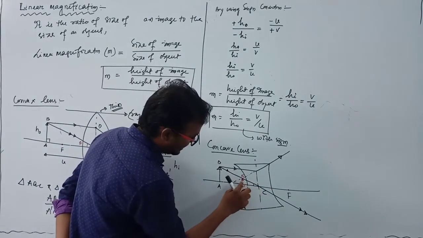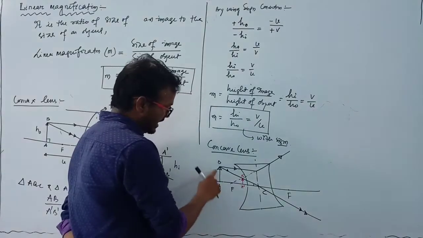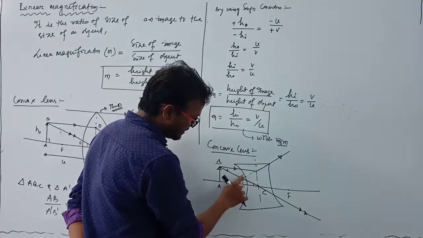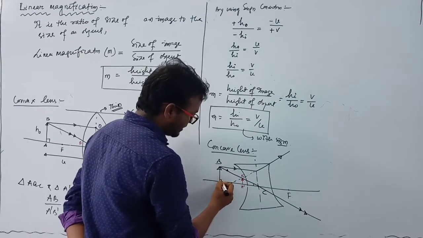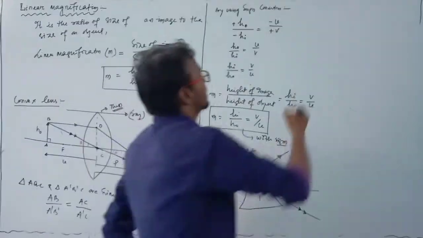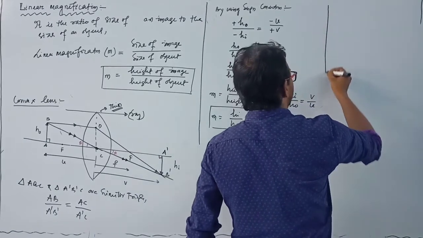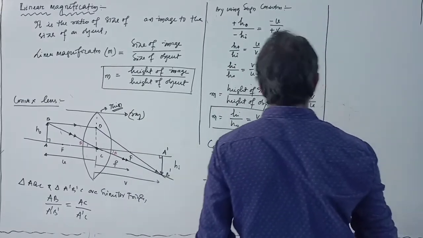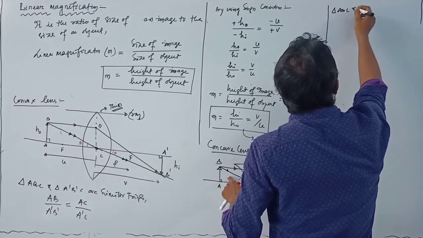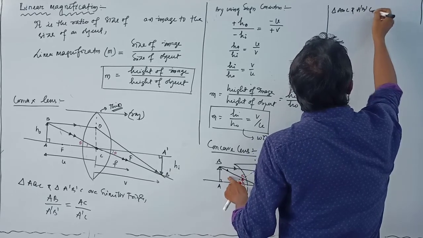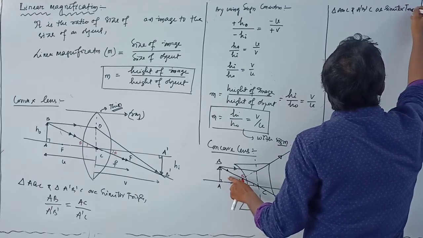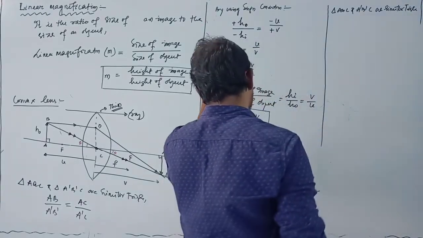If this angle is theta, then we have two triangles here, that is triangle ABC and triangle A dash B dash C. These two triangles are similar because this angle is also 90 degree, two angles are equal. Clear? So here we use the concept of magnification, first we have to find the two similar triangles. So in triangle ABC and triangle A dash B dash C, these two triangles are similar triangles.